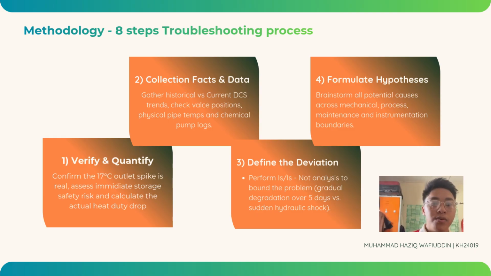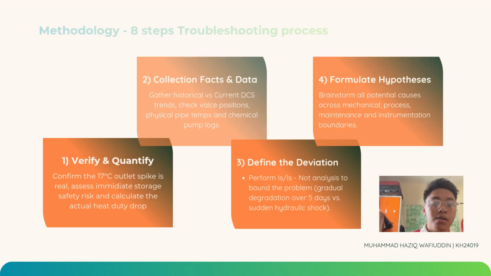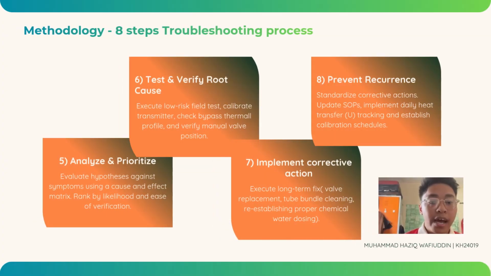Fourth, we formulated possible hypotheses by considering mechanical, operational, maintenance, and instrumentation related causes. Next, we analyzed and prioritized the possible causes based on their likelihood and the available evidence.